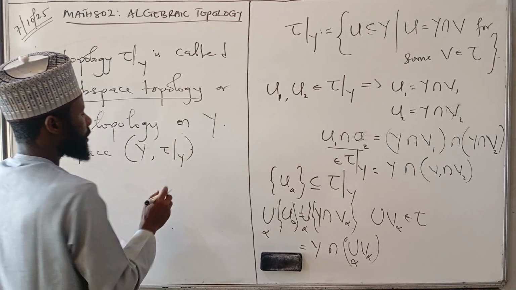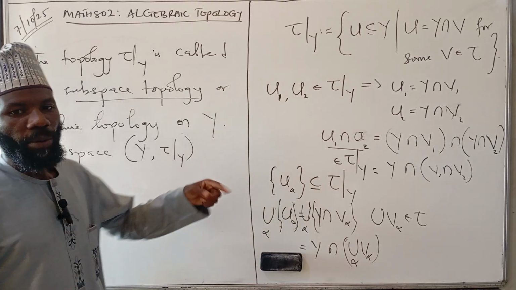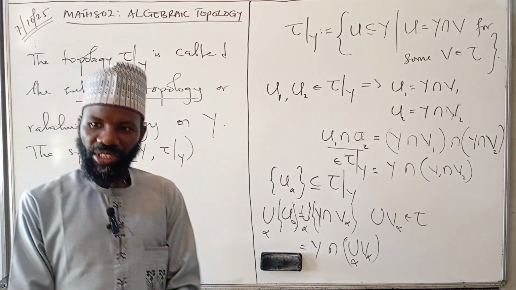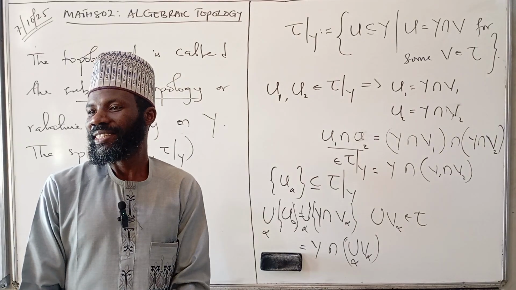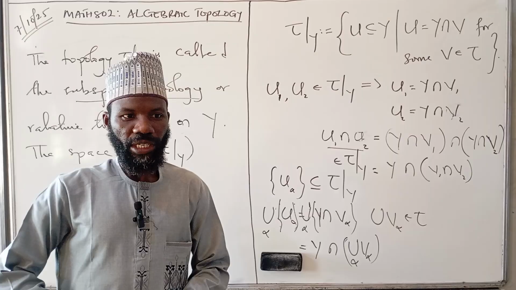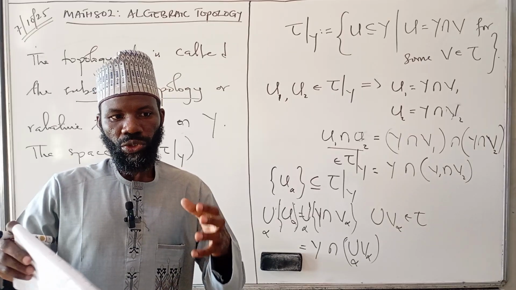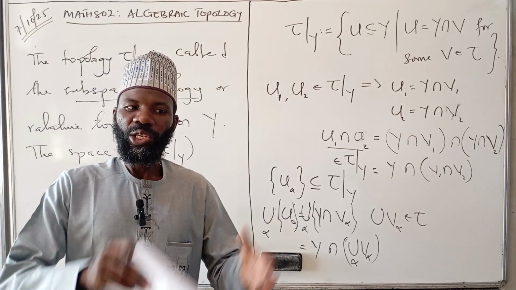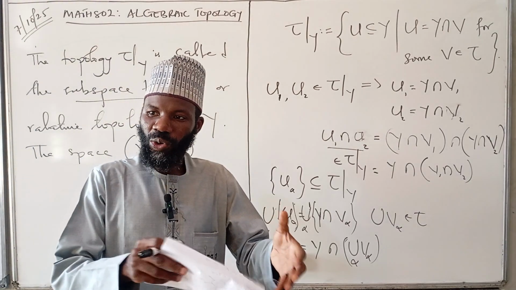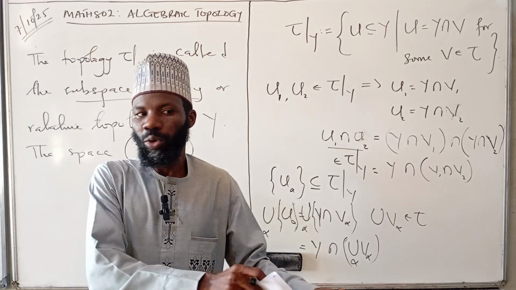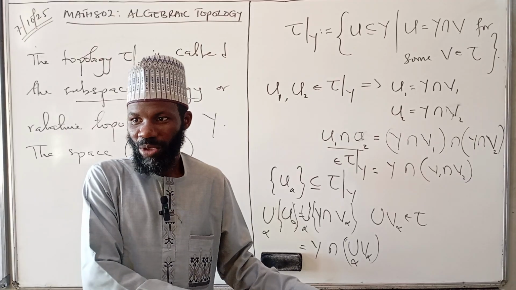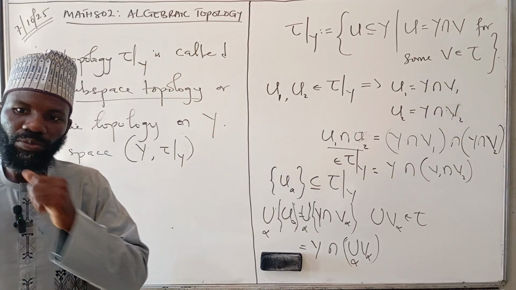something may happen. That is, a set that was not open originally in the bigger space may now turn out to be an open set in the subspace topology. So we are not saying you just take a subset of the topology to constitute a topology for the subset. Why? Are you following? But you take the relative topology.